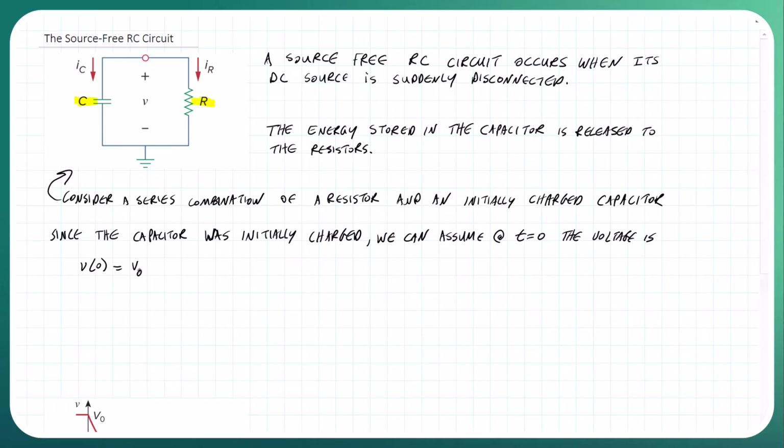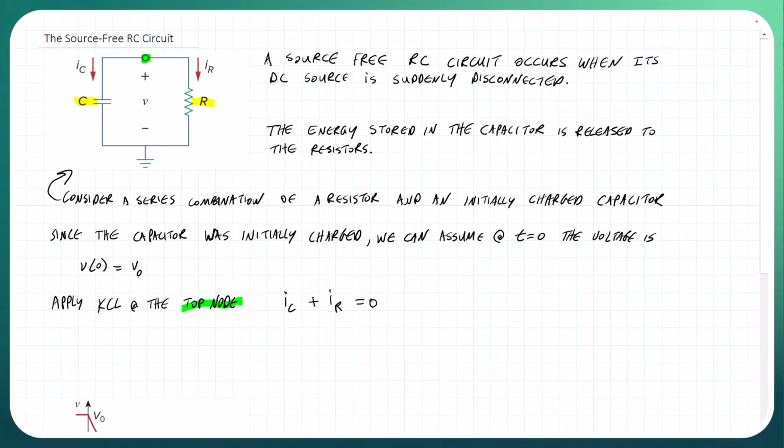If we apply KCL to the top node here, we get the current going through the capacitor plus the current going through the resistor equals 0.